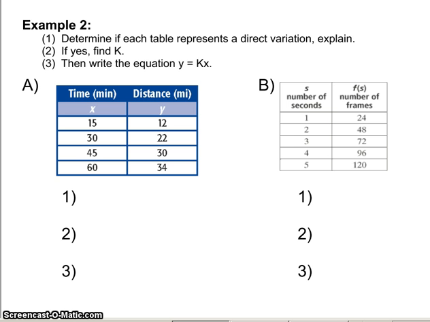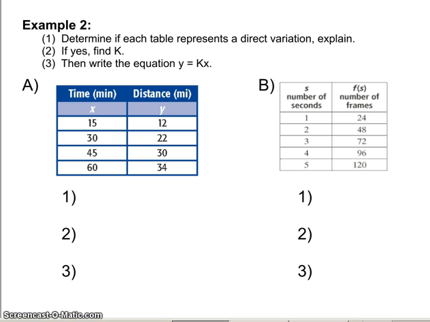Okay. Now let's look at some information in a table. There are 3 steps I want you to take here. Step number 1, determine if each table represents a direct variation. Remember, a direct variation occurs when you have a constant of proportionality.